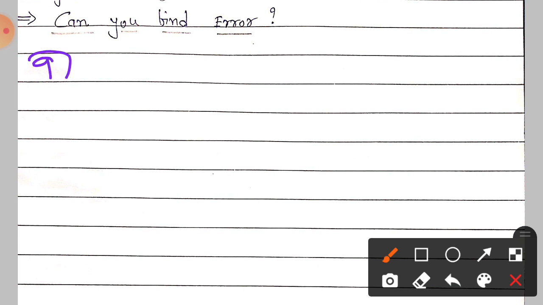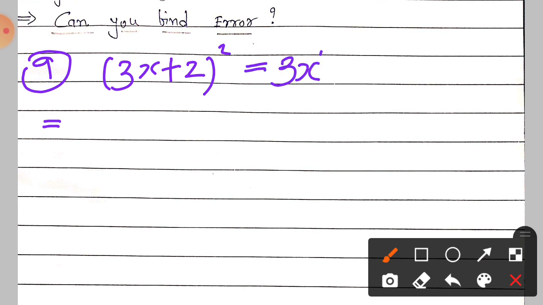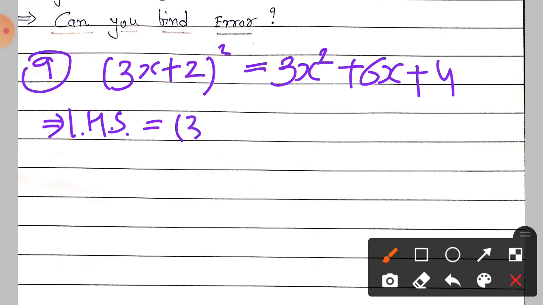Question number 9, that is 3x plus 2 whole square is equal to 3x square plus 6x plus 4. So let's first check if there is any error or not. First we take LHS, that is 3x plus 2 whole square.